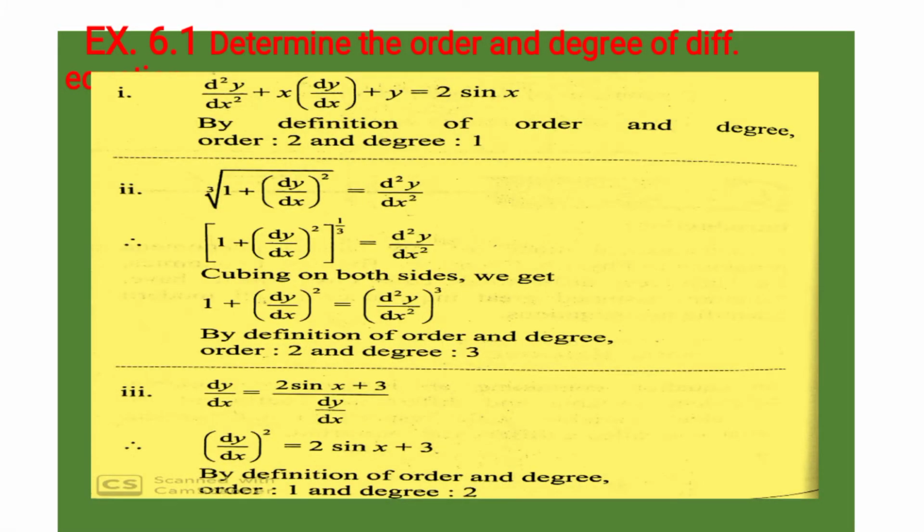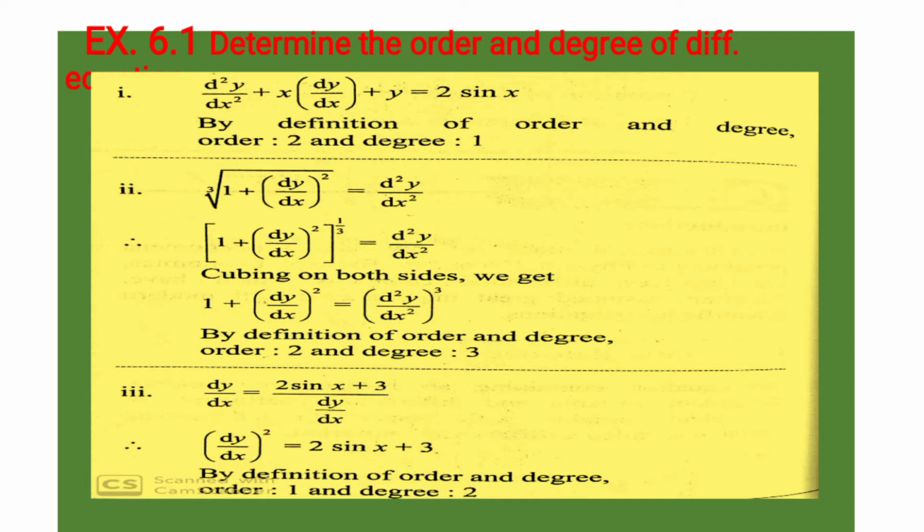First, d2y upon dx square plus x into dy by dx plus y is equal to 2 sin x. See here, to find the order, we look at the highest power of d.